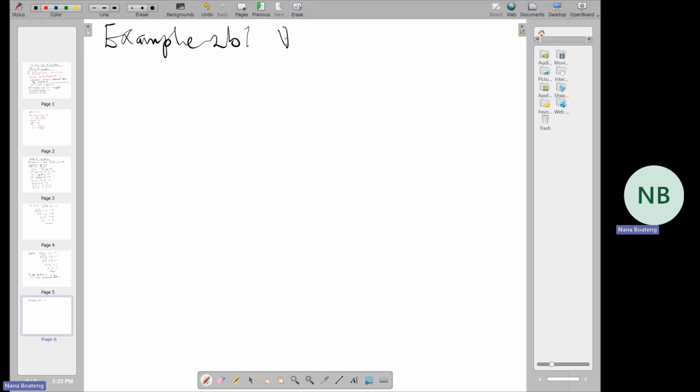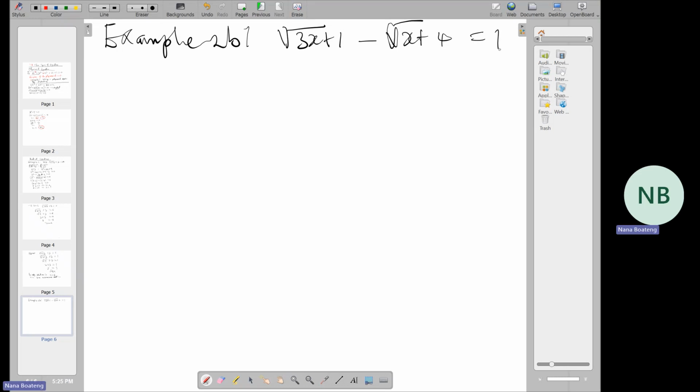So we have square root of 3x plus 1 minus square root of x plus 4 equals 1. We have such an equation, so let's try to solve this other example.